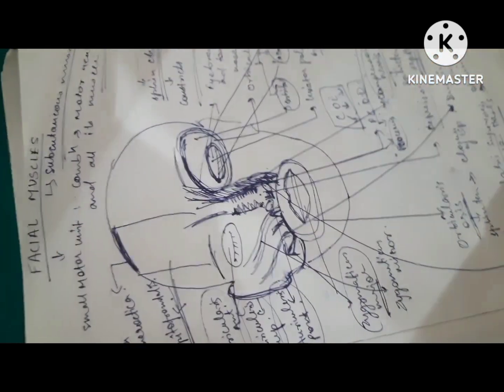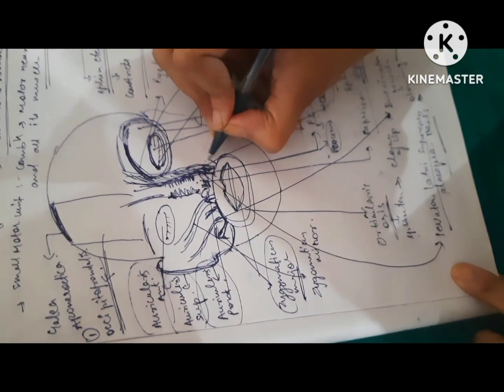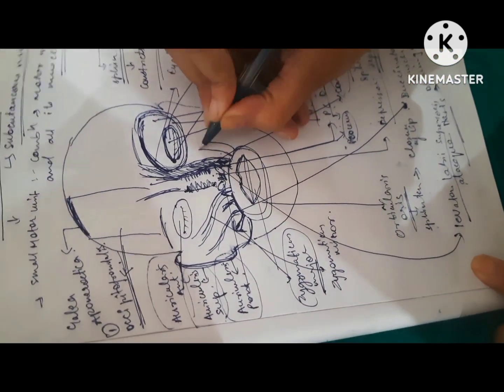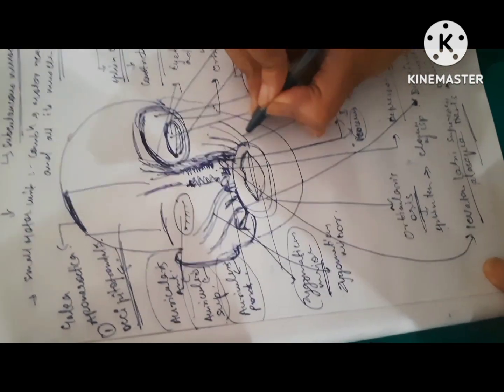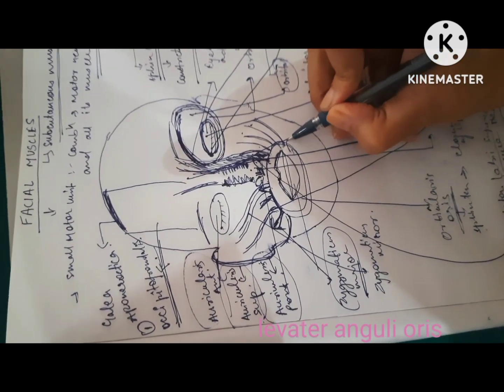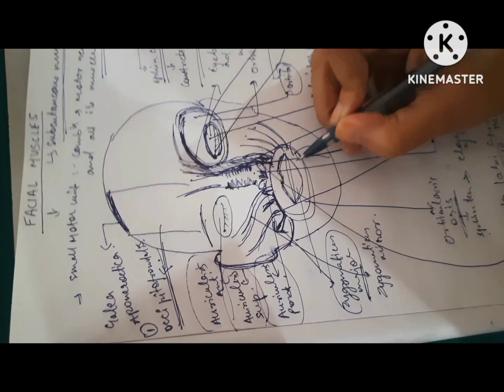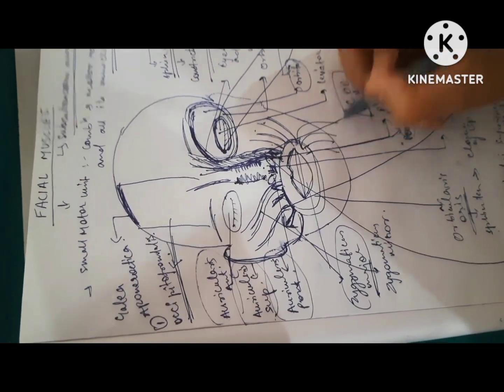Okay. Now we have the fourth group: levator labii superioris, levator anguli oris, then depressor labii inferioris and depressor anguli oris.